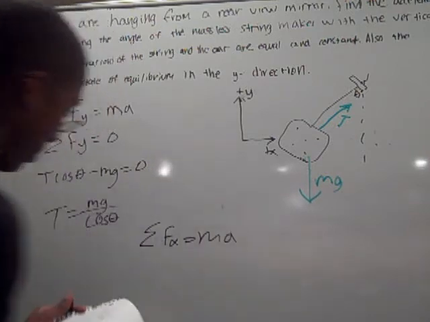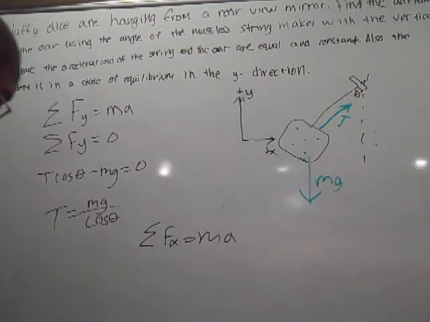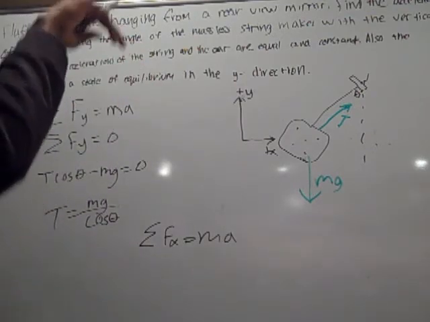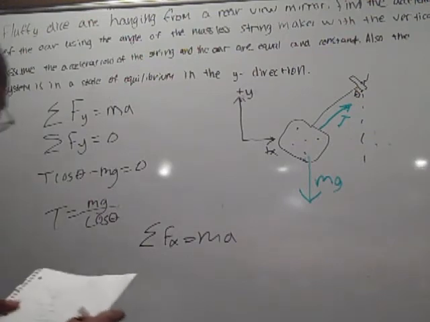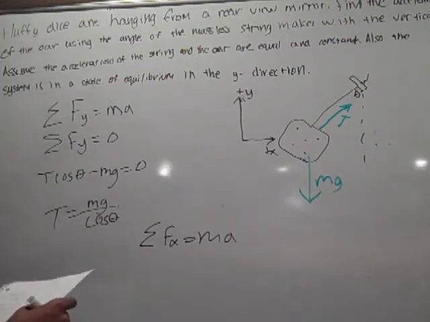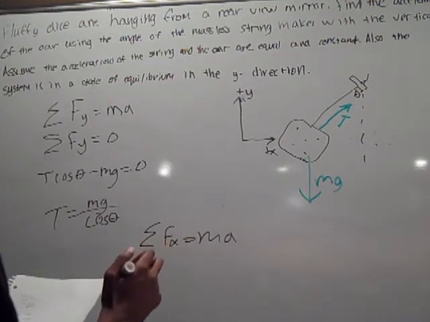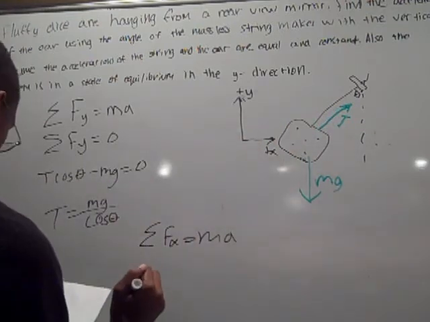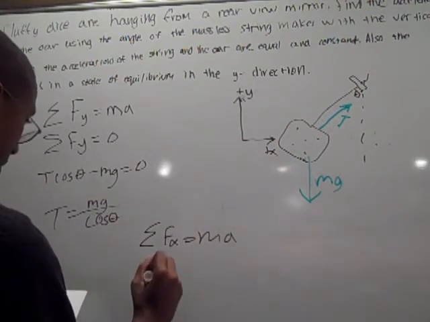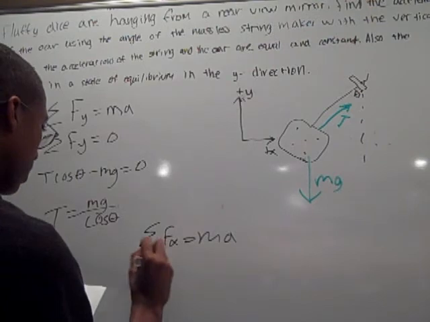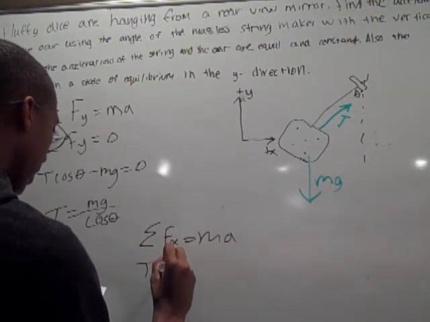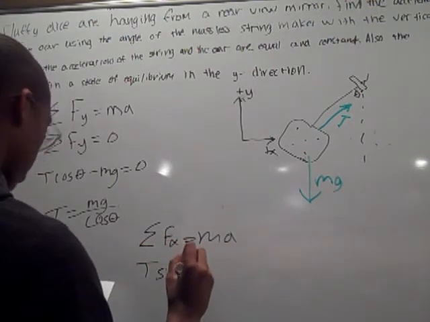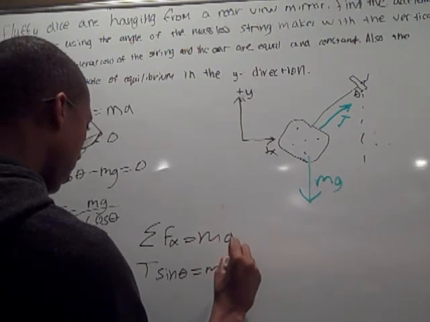Now this one we can't set to 0 because it actually has an acceleration. It's not accelerating in the y direction, that's why we don't put 0 there. So in the x direction, the x component of T is T sine theta, and that's the only force in the x direction there. So T sine theta equals ma.